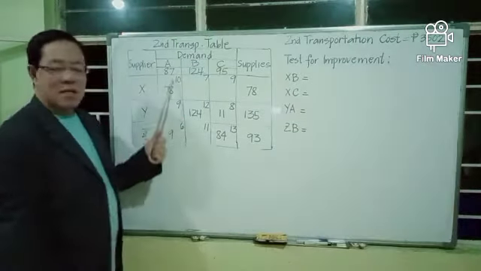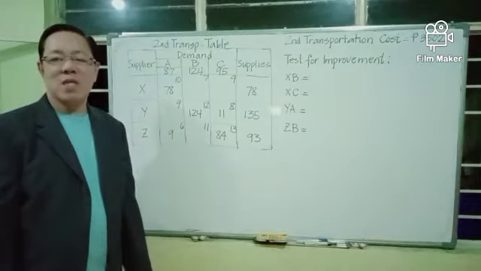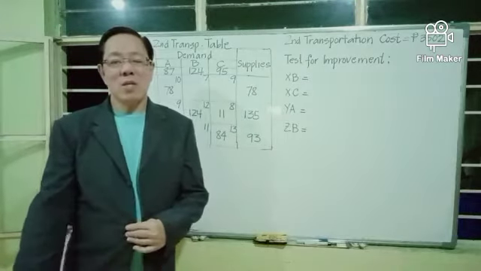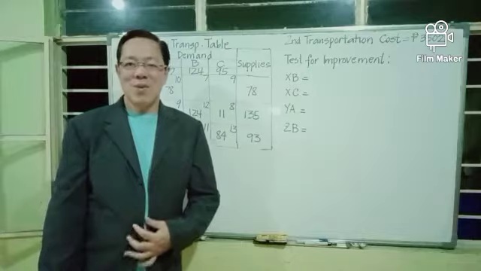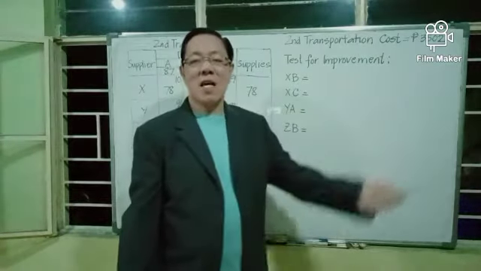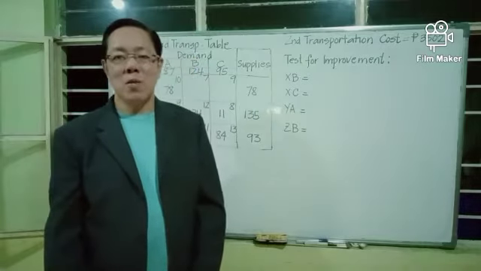And this was the second transportation table we developed from the last lesson. And today we will continue and check if we can still make the second transportation cost lower.